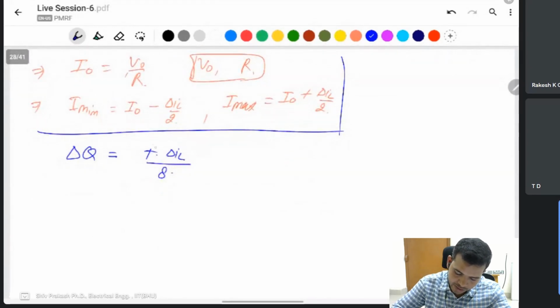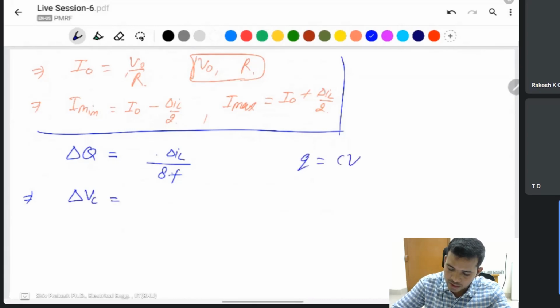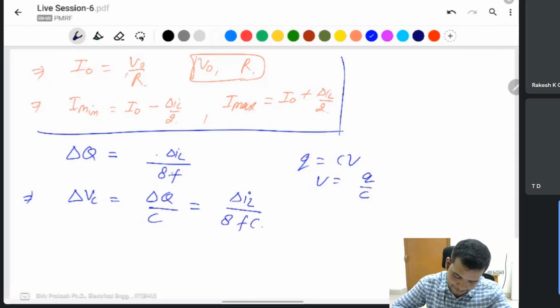You can take it as F. Right? Then what will be the change in voltage Vc? Q is equal to CV, then V is equal to Q by C, so delta Q by C, where delta Q is delta IL divided by 8 into Fc. This one is the ripple voltage.